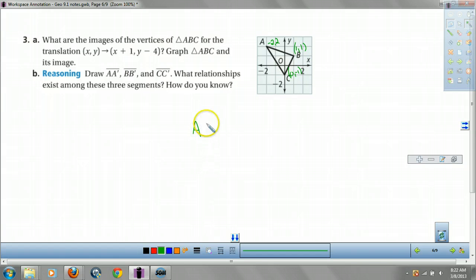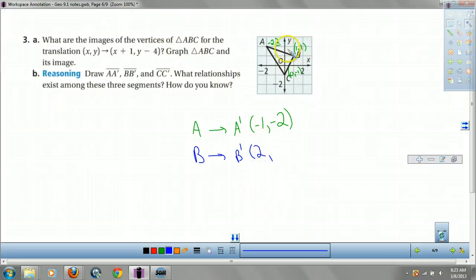So A to A prime, we're going to add 1 to the x, so that becomes negative 1. We're going to subtract 4 from the y, so that becomes negative 2. B to B prime, 1 plus 1 is 2, 1 minus 4 is negative 3.